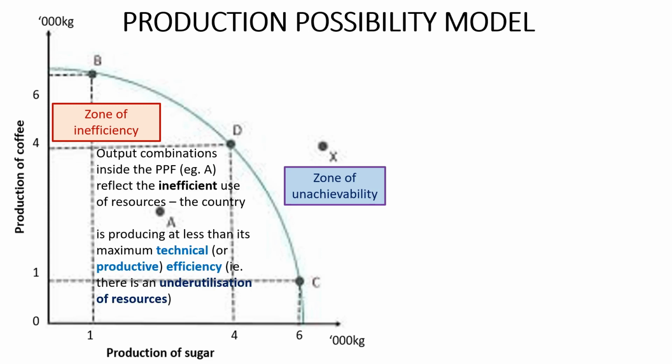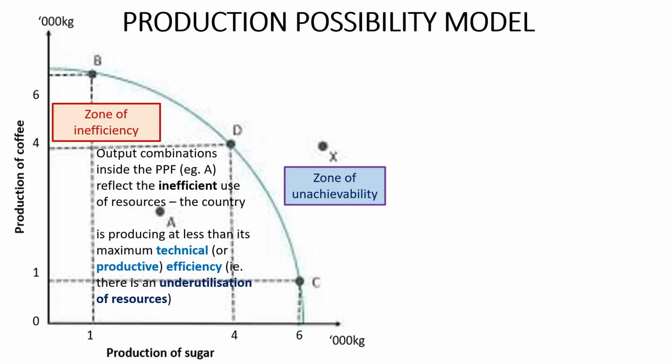This is a situation in which the country is producing at less than its maximum technical efficiency. That is, the country is producing at below its productive capacity as it is not producing the potential level of output that it is capable of producing.